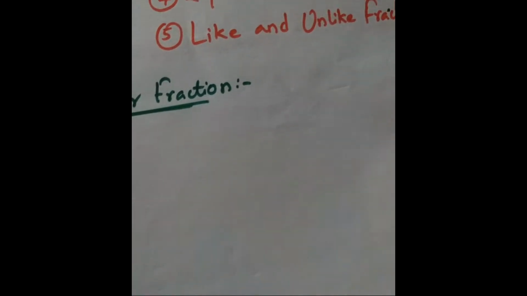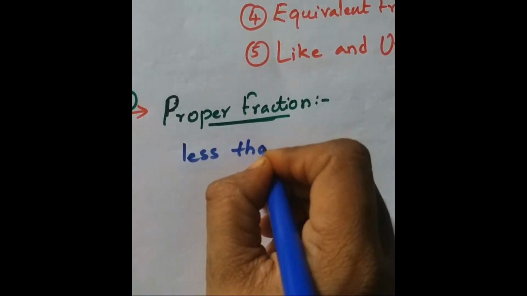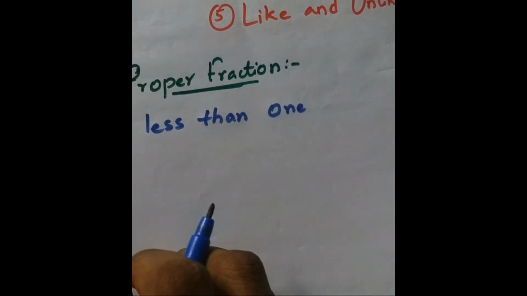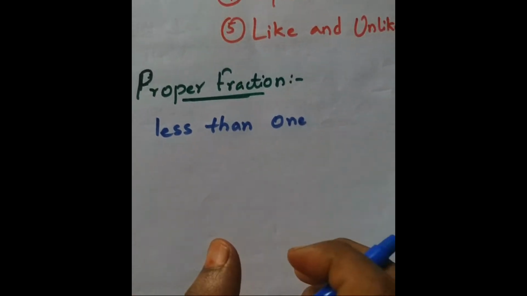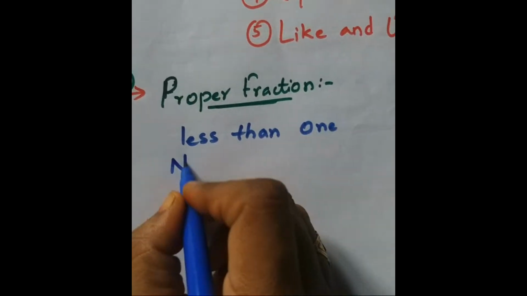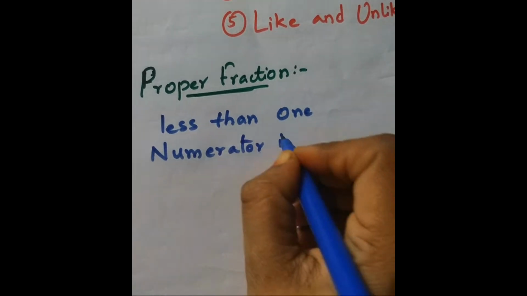If fractions are less than 1 and are parts of a whole, these fractions are called proper fractions. Always the numerator is less than the denominator.